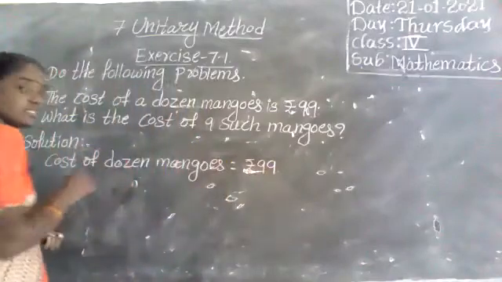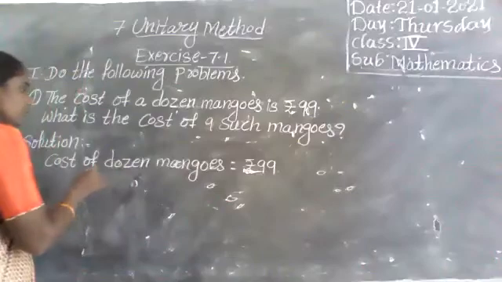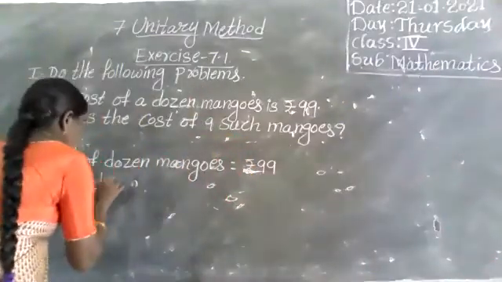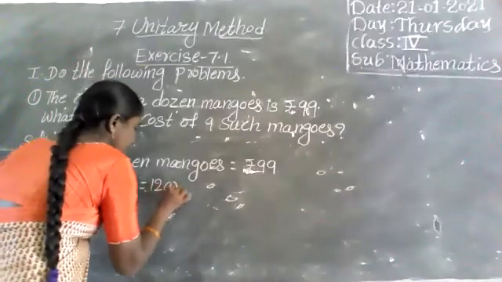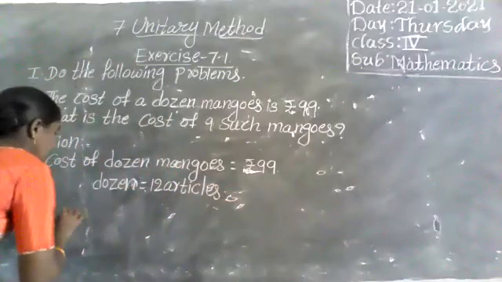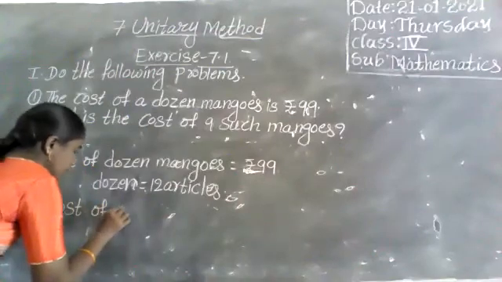Dozen means how many? You know already. Dozen means 12 articles. So the cost of a dozen equals 12 articles. Now the cost of one article. Sorry, the cost of one mango.